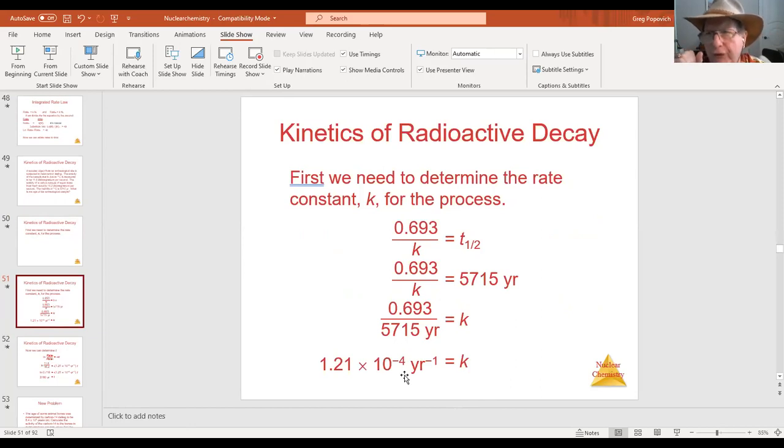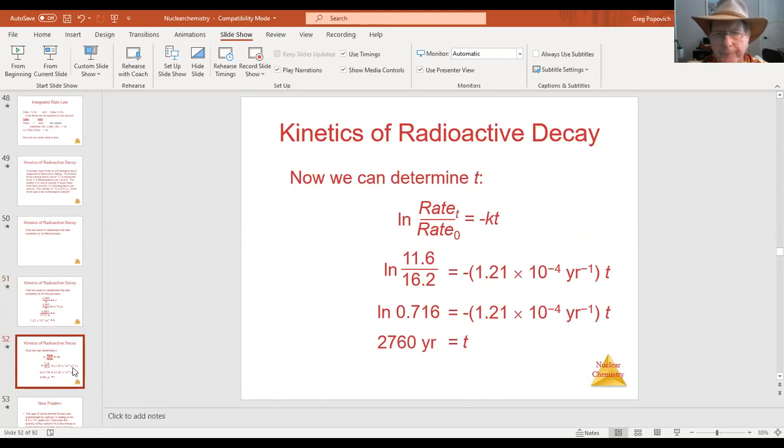If I divide 0.693 by the half-life of carbon, I get 1.21 times 10 to the minus 4 years to the minus 1. That's what K is. I then take the ln of my rate at time t over rate at time 0, put that equal to negative 1.21 times 10 to the minus 4 years to the minus 1 times t. I take the ln of 0.716, divide that by 1.21 times 10 to the minus 4. I get 2,760 years.